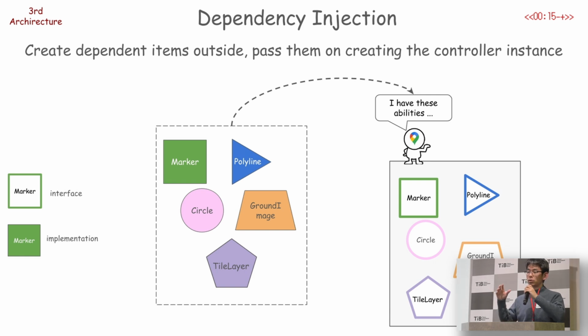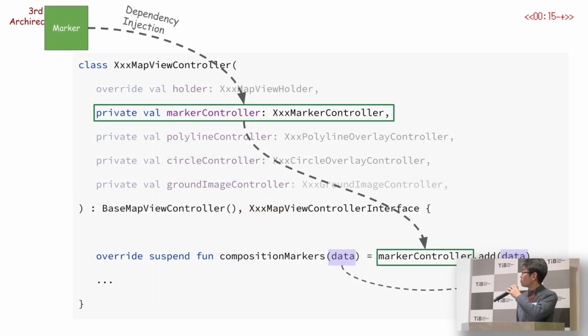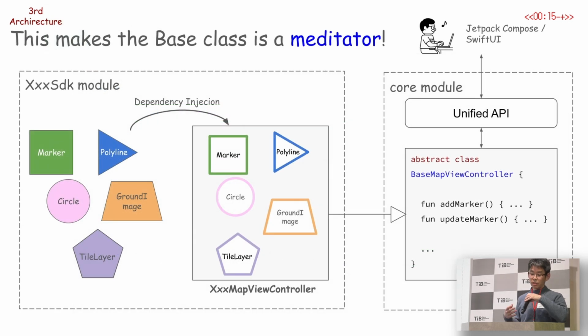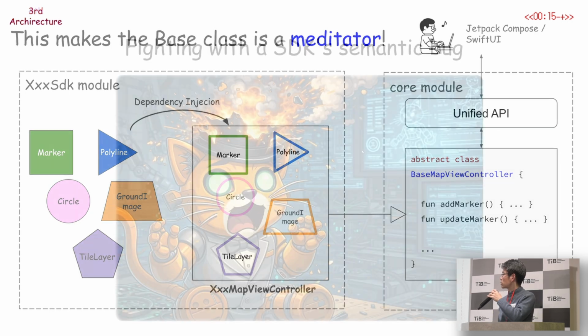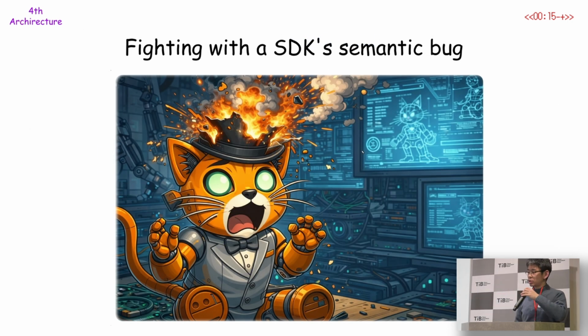Creating a controller instance from outside and passing it to the constructor of the actual map view controller. Textbook way. This makes very clean code, a clean architecture for each SDK. So the core modules only have abstraction classes, and each specific SDK has its own map view controller.